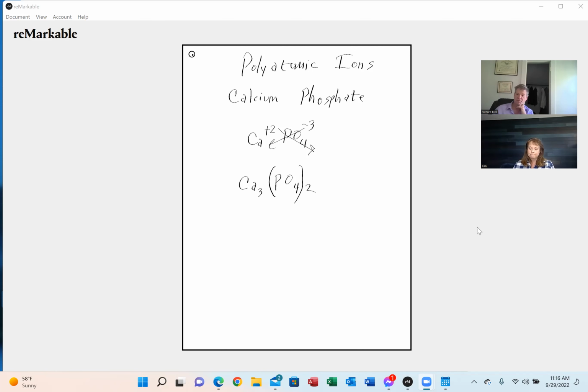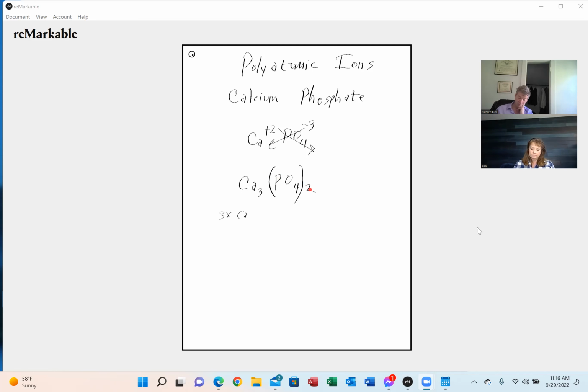In molecular formulas, sometimes you'll see parentheses like this. This is telling us that we have 2 of this entire group, phosphate. All right, 2 phosphates, which means we have 3 calciums.